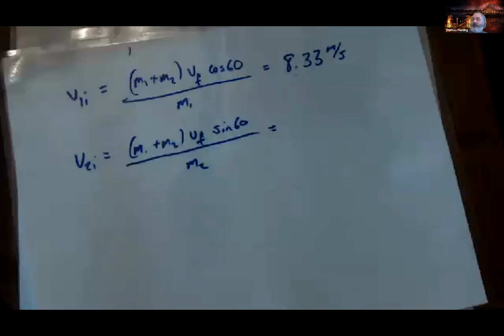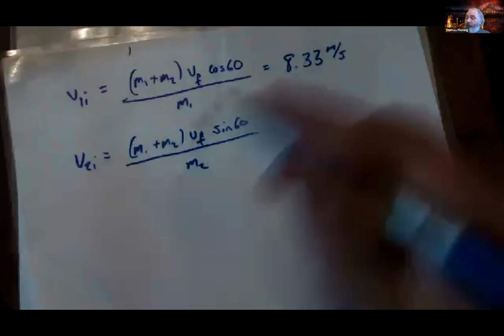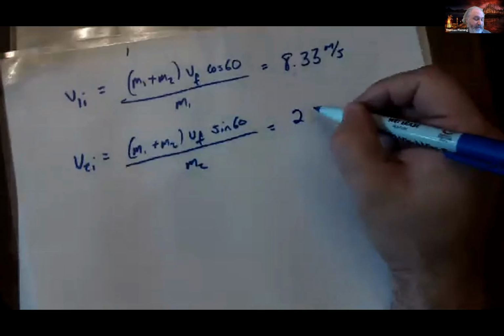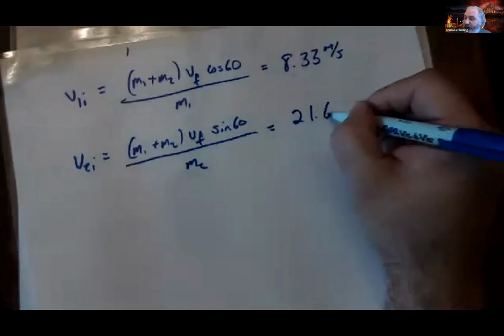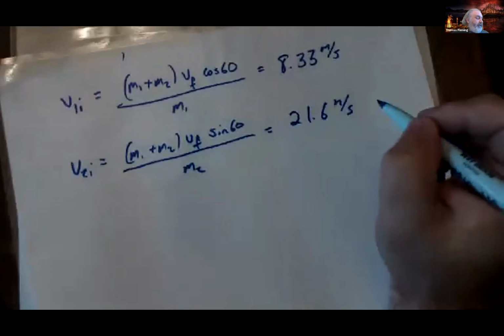So the sine of 60 is going to be the square root of 3 over 2. And it turns out that this guy here is traveling at a whopping 21.6 meters per second.